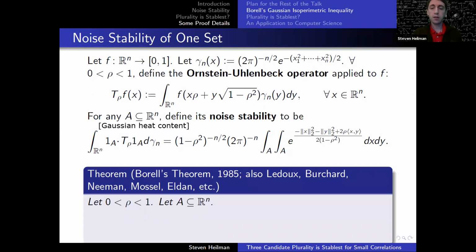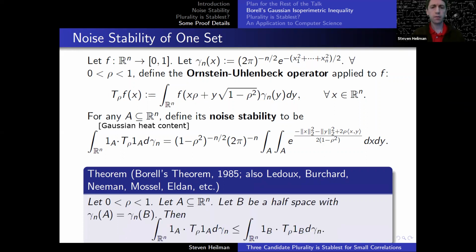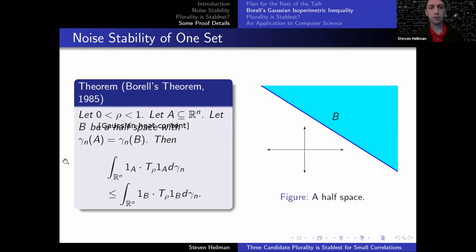So the continuous analog of the Majority Is Stablest problem is Borell's theorem, which I'm stating right now. Suppose we have a set A in Euclidean space, and we have a set B that's a half space, and A and B have the same Gaussian measure. Then the noise stability of B is bigger than or equal to the noise stability of A. Sorry, let me clear that.